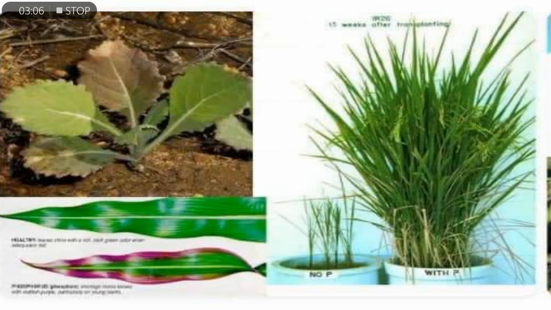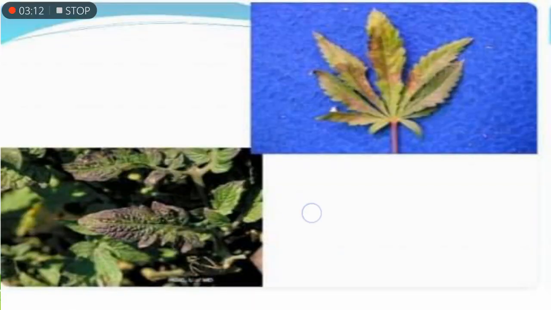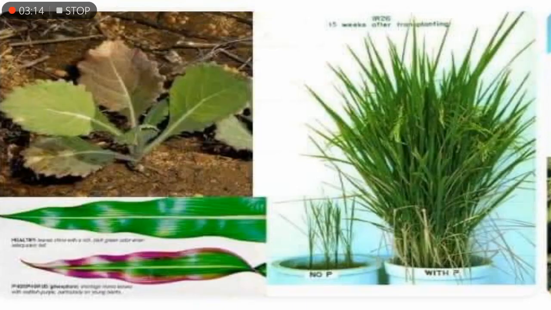Here you can see some deficiency in the plant. This is a plant with a large height and a lot of growth, which has phosphorus as a nutrient in its soil, while this plant is dwarfed, with stunted growth, and it has no phosphorus nutrient.